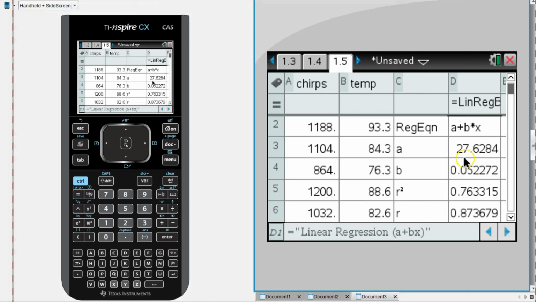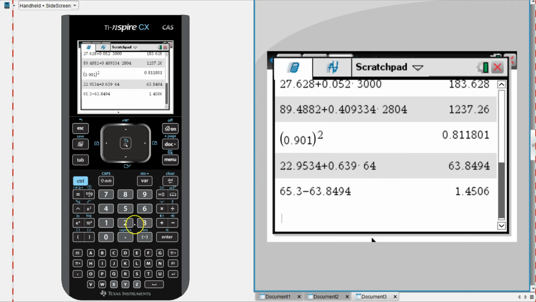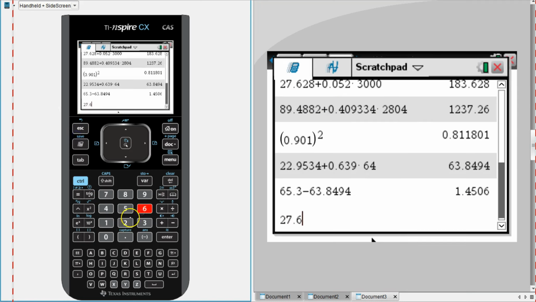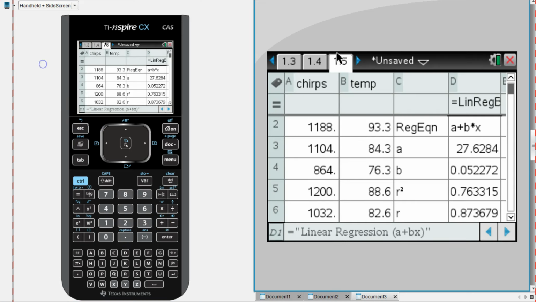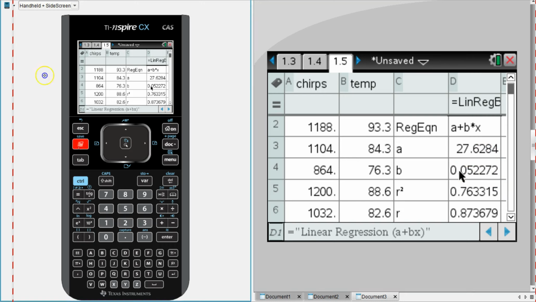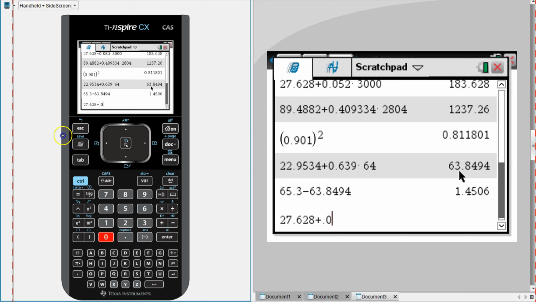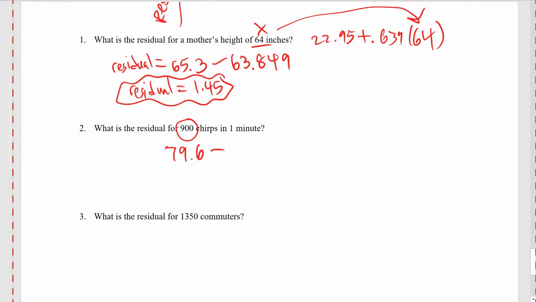Y hat equals 27.628 plus 0.0523 times, what's the predicted? That's our x, right? 900.